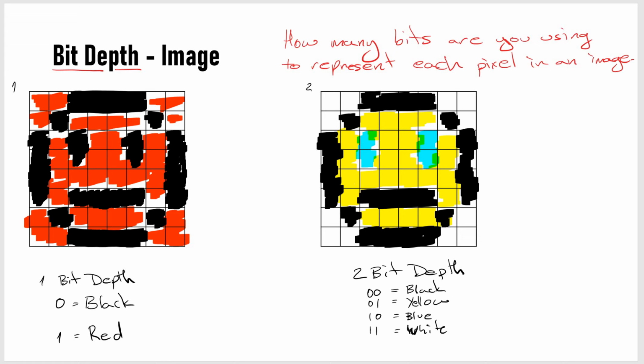The reason behind this is that if I wanted to save image 1 on my computer, then I only have to save, for example, let's just use the first row as an example. For red, I would have to save 1 1 0 0 0 0 1 1.